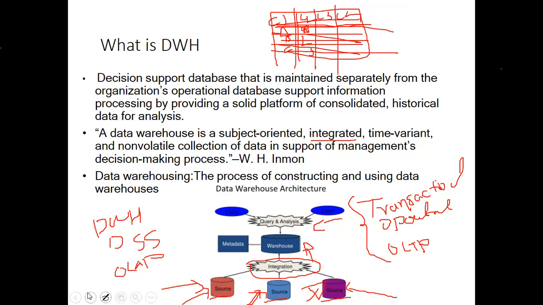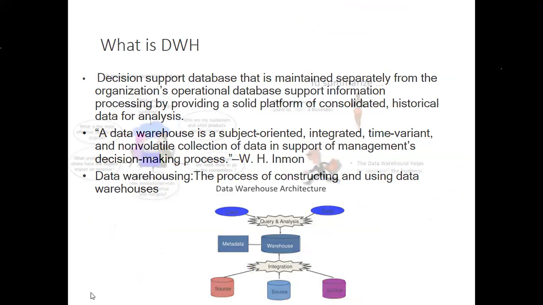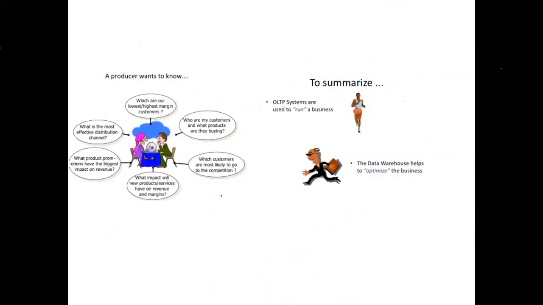Thank you so much. So there is a data warehouse. Now, as I mentioned, OLTP is basically used to run your business, day to day, whatever transactions you are performing. And the data warehouse, OLAP, helps to optimize the business.